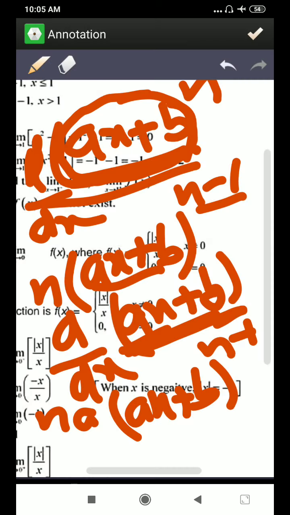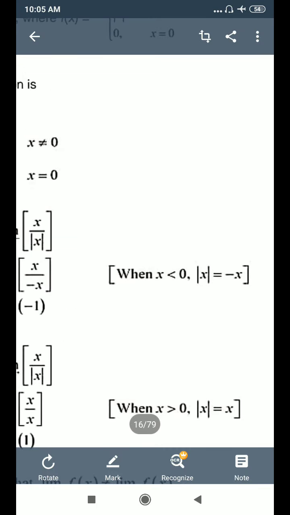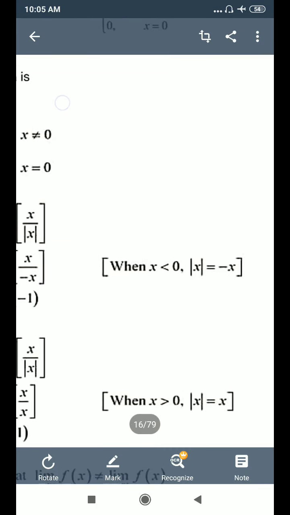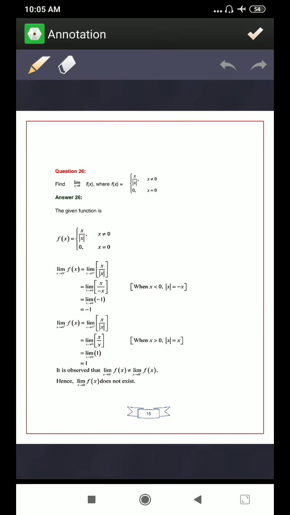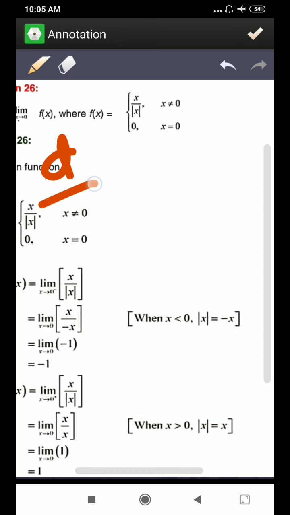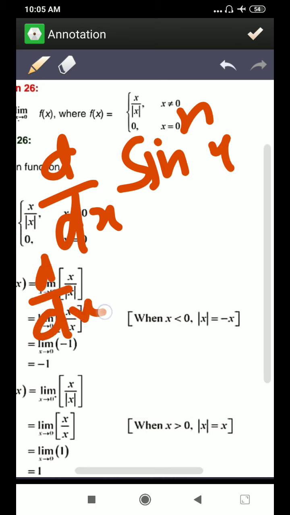Now see, one more question I will explain. It is like the derivative of sine x raised to power n is given. d over dx of sine x raised to power n. We'll consider it as d over dx of sine x, whole raised to power n.